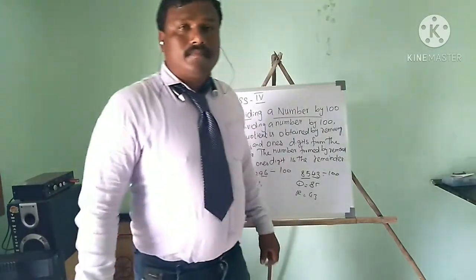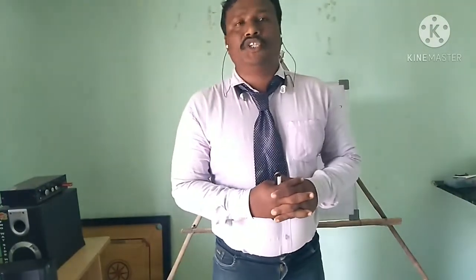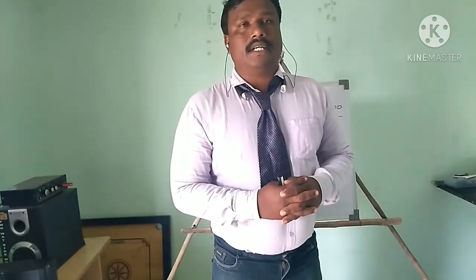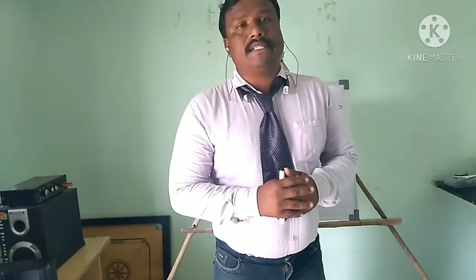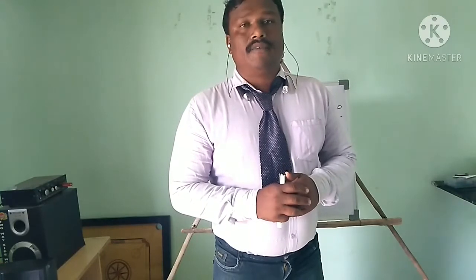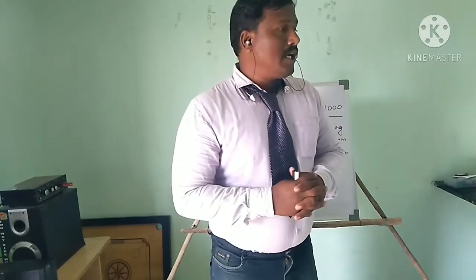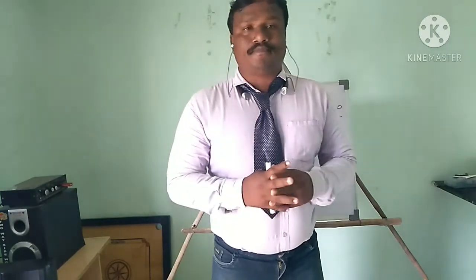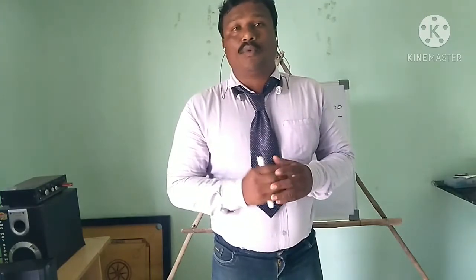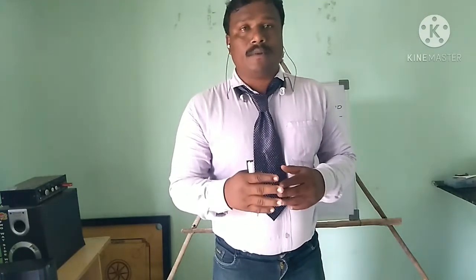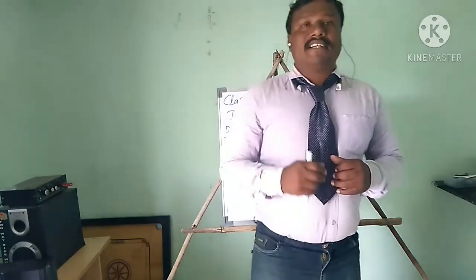Okay students, before this we talked about dividing by 10 and 100, and how easily we find the quotient and remainder. Now I will tell you, when you divide any number by 1000, what rule you have to follow and how you find the quotient and remainder easily.